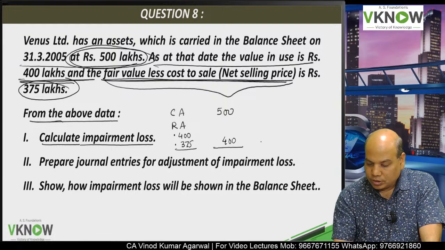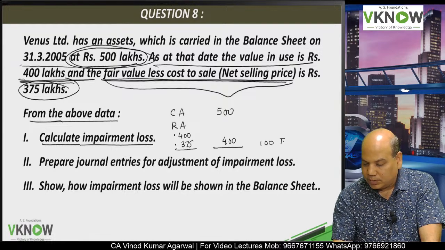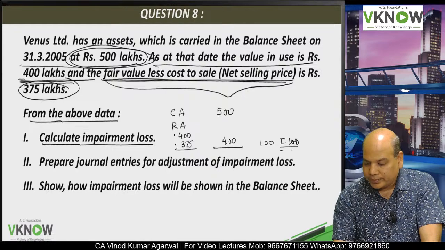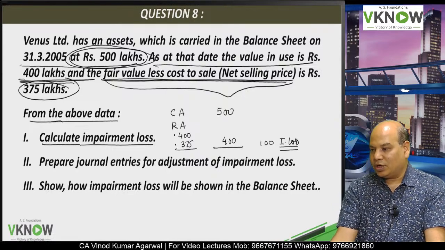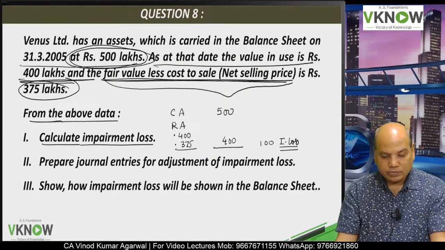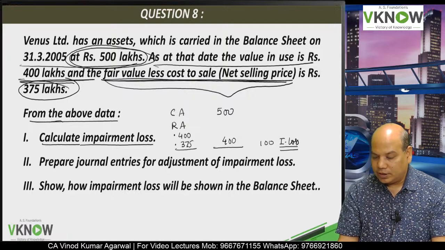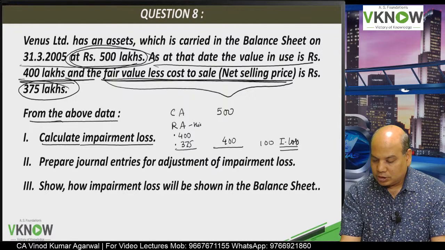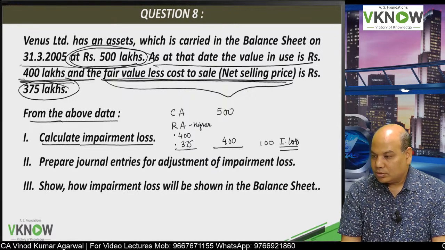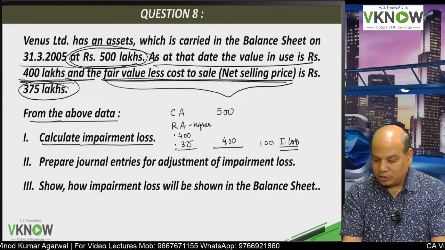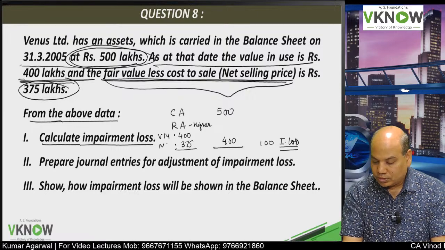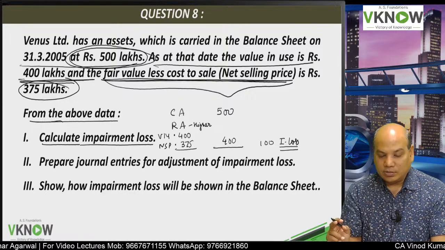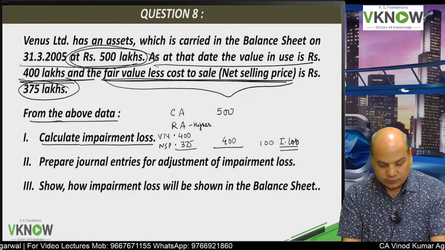Therefore, 100 will be the impairment loss, because recoverable amount is 400 only. Carrying amount is 500. Recoverable amount is the higher of the two, that is your net selling price and value in use. Hence, you have an impairment of 100. This is my first answer.